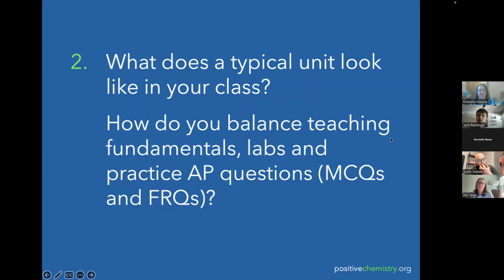We do a bunch of practice multiple choice on that day, and then they have time to work on the progress checks from AP Classroom as well. And then we have the test. The multiple choice comes in on my quizzes throughout the unit, and with the extra practice assignments they get throughout the entire unit, rather than the daily practice, they have a lot of chances to do AP style questions.